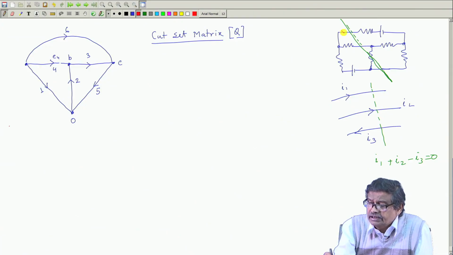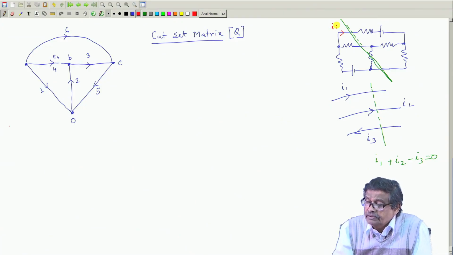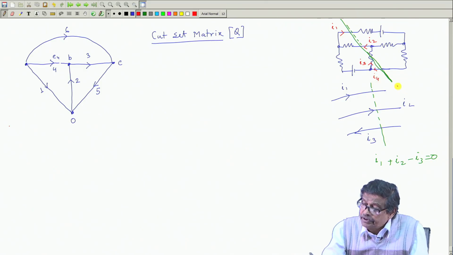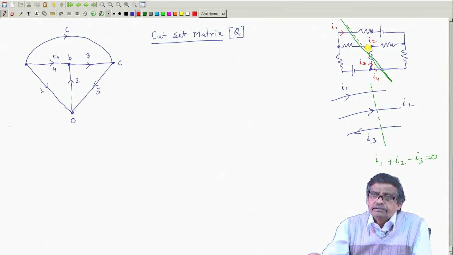Suppose after solving the network you find this is I 1, this is I 2, this is I 3, and this is I 4. So, I have divided the network into 2 halves as if by drawing a line; you can cut the network into 2 halves.